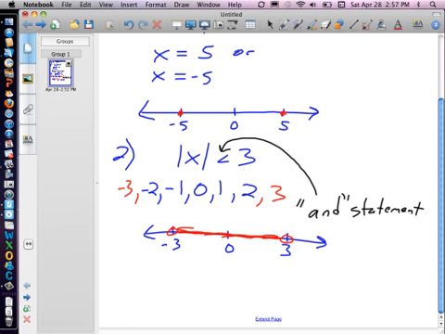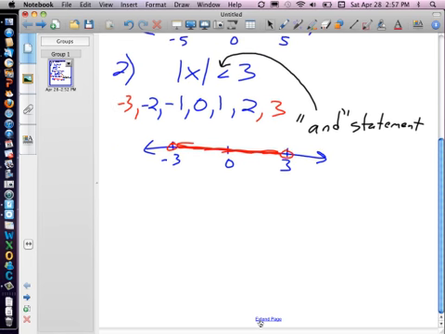Okay. Let's try an inequality facing the other direction. So I'll use the number 3 again, just to show you how similar it is. Absolute value of x is greater than 3 this time. Now let's think of all the things that would work as answers. 4 would be an answer, 5 would be an answer, 6 would be an answer, and so on.